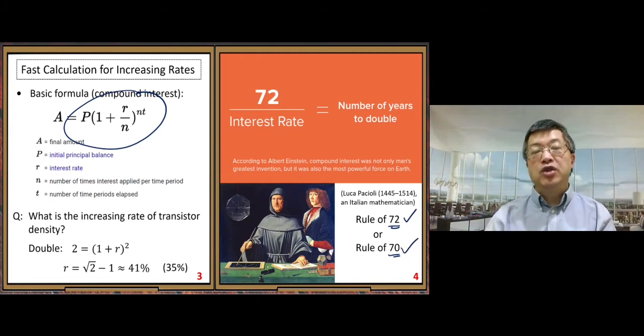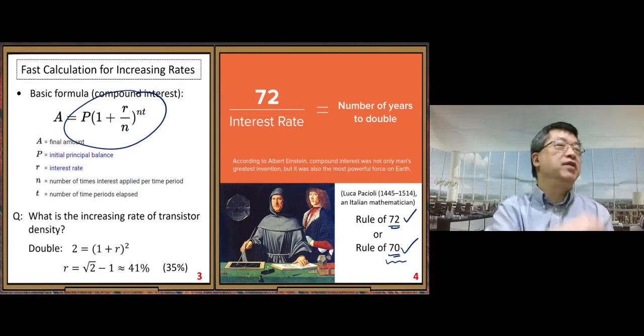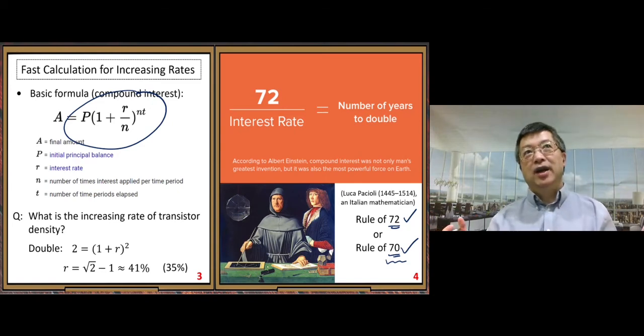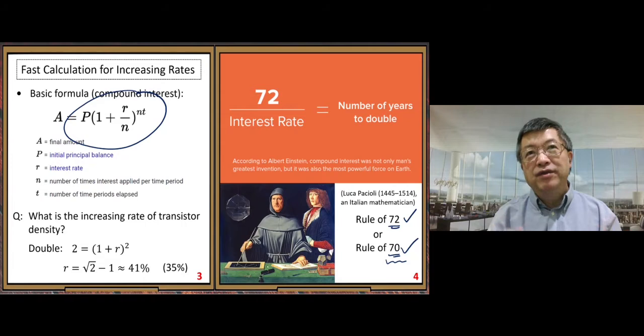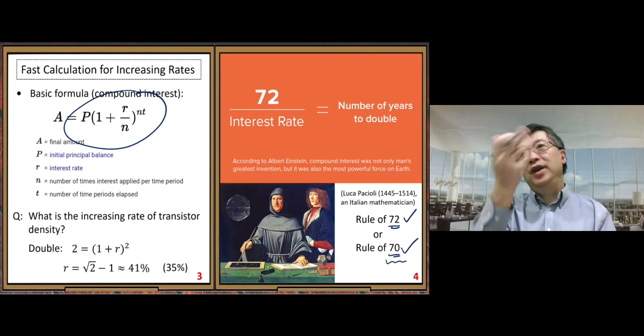For example, if your interest rate R equals 10, then the rule of 70 can give you a convenient answer. 70 over 10, that's 7 years. Okay, more convenient. If your interest rate is 5, then you'd better use the rule of 70 because 70 over 5 is 14.